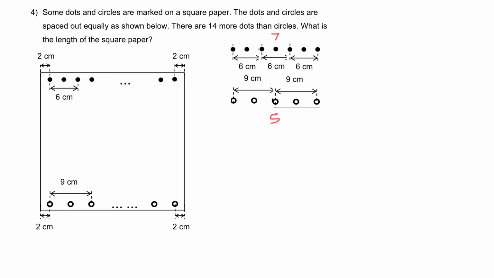Hence, given that for every 18 centimeter, the difference between them is 2, how many sets, how many groups of this must we continue to arrive at 14? Alright, so probably I will represent my working maybe using a table.